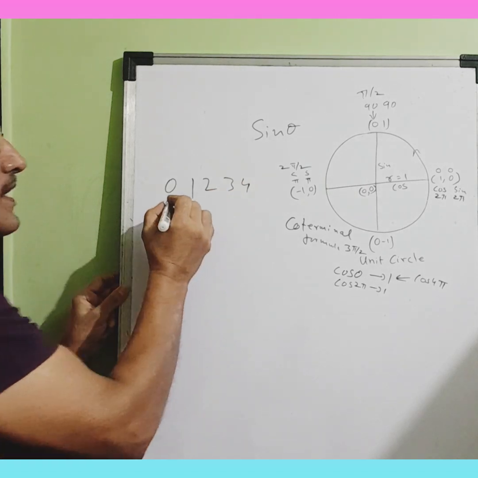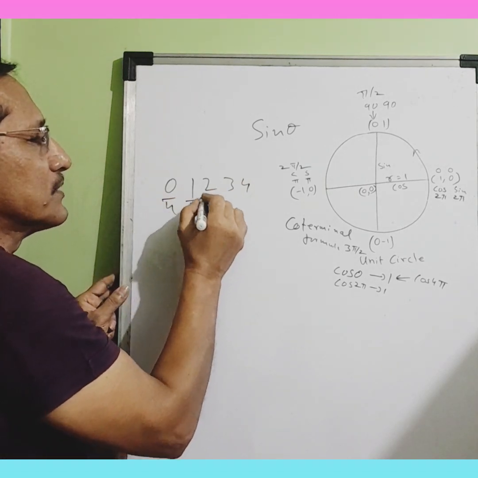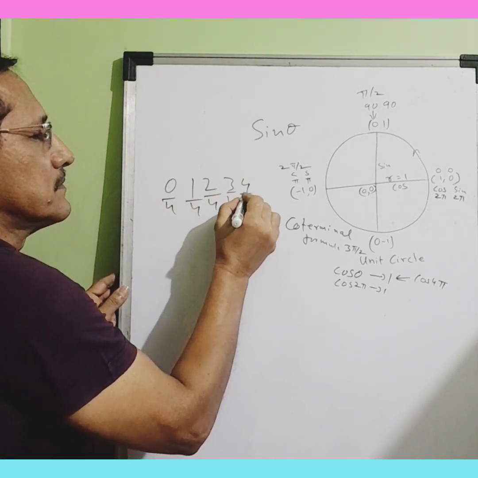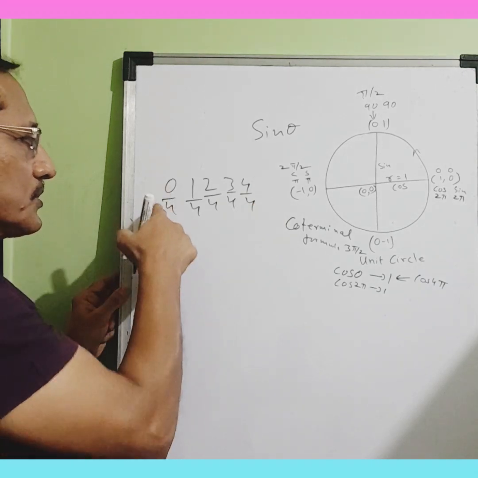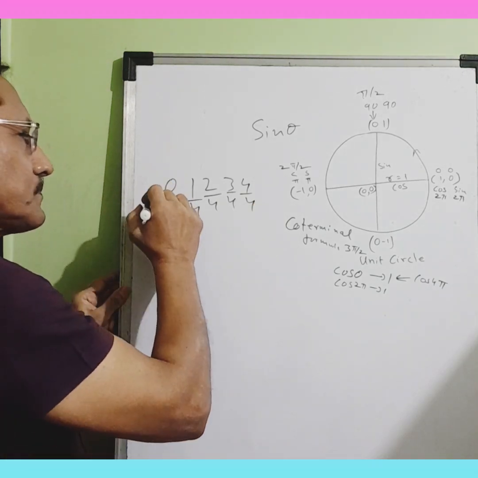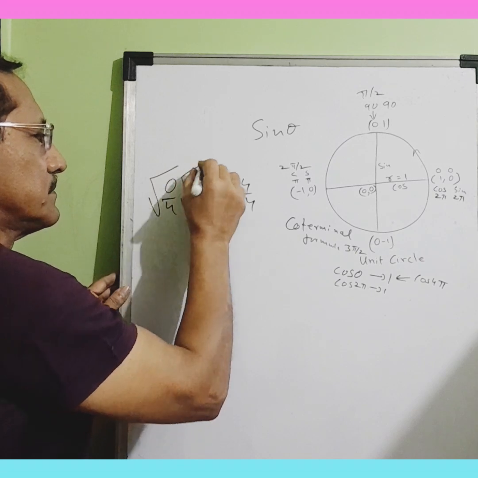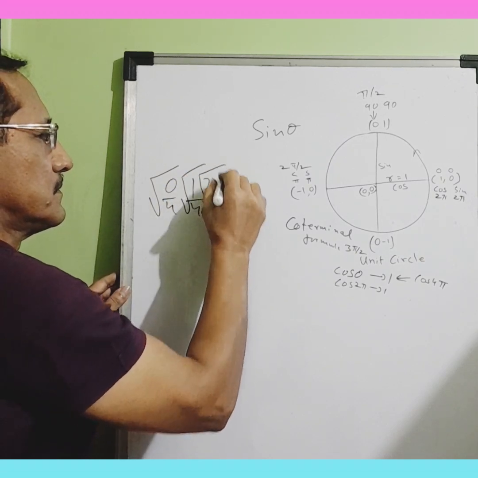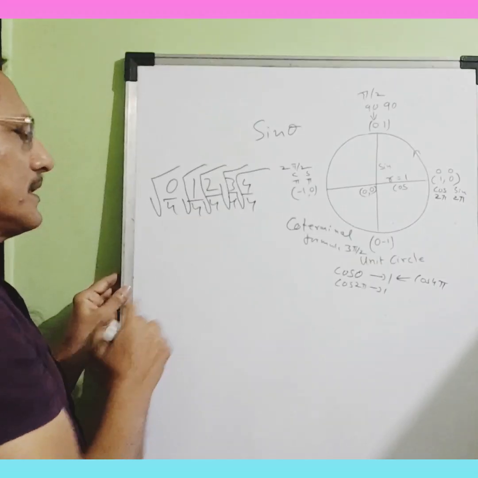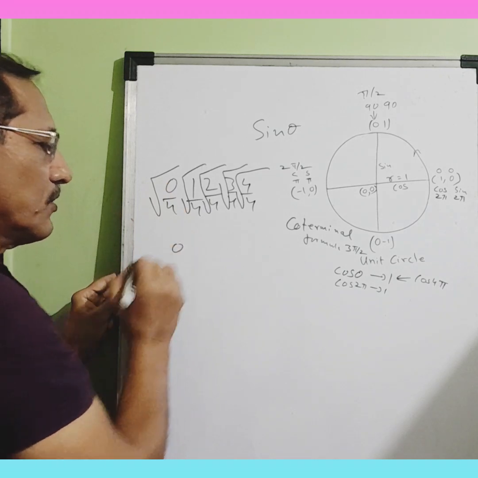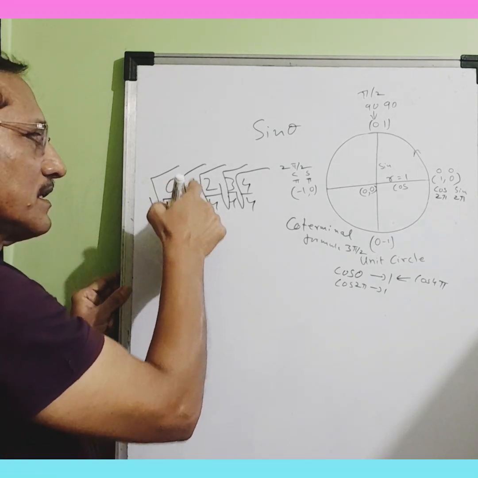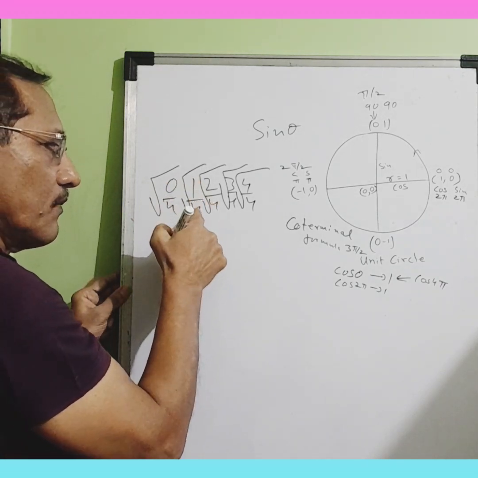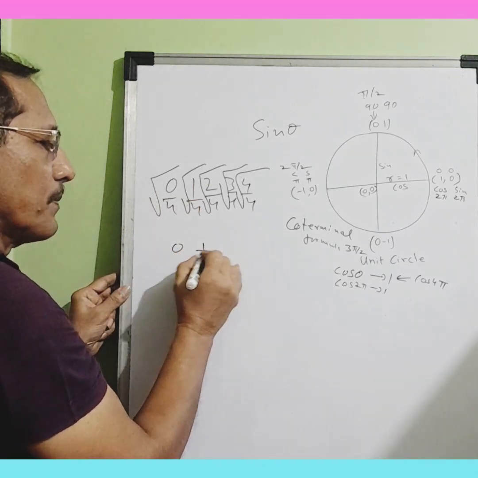Then I divide all these numbers by 4, and then I take the root. So this becomes 0, obviously. This is 1 by 4, root of which is 1 by 2.